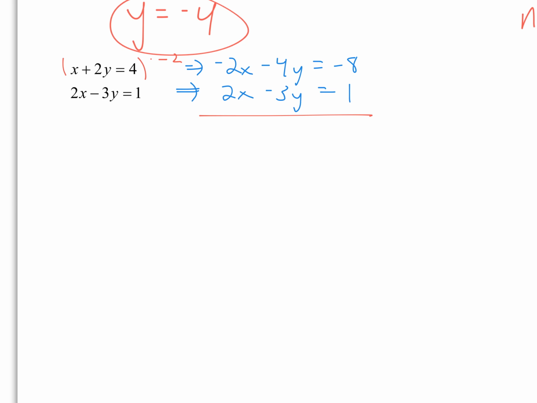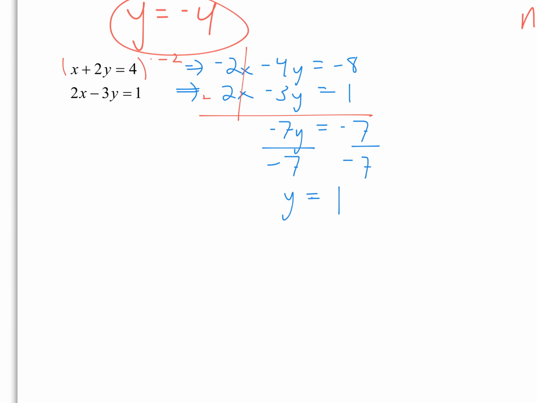Next step, add down, and we do get our elimination. And then negative 7y, negative 8 and 1 is negative 7. Divide by negative 7 to solve for y. You get y equals 1.